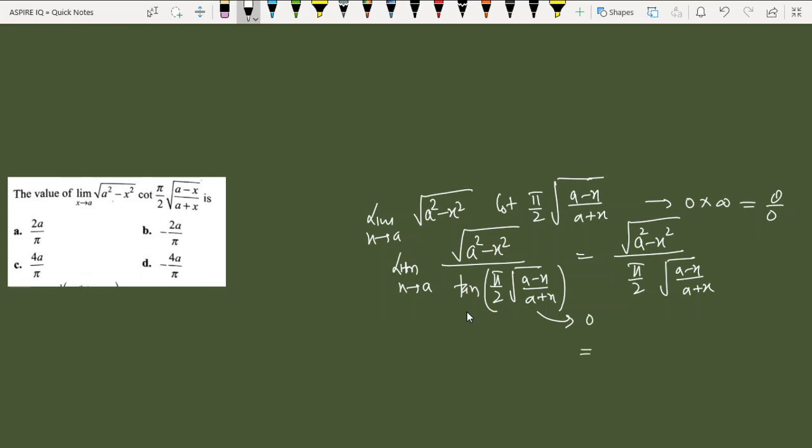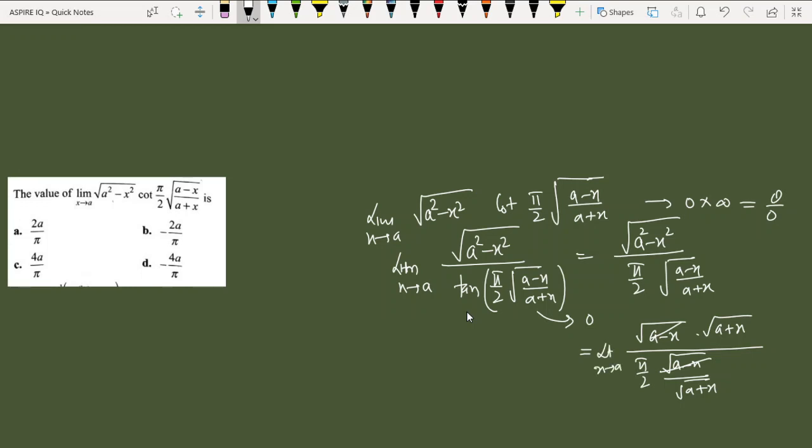Now you can split it into root a minus x and root a plus x like this. So a minus x and root a minus x will cancel out, and pi by 2 is still here, with x tends to a.